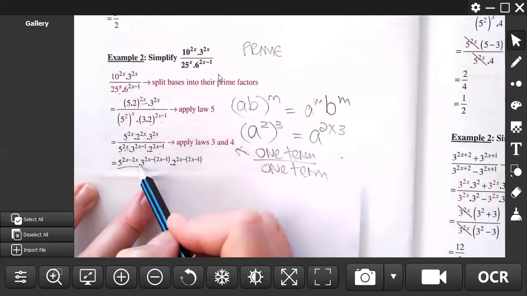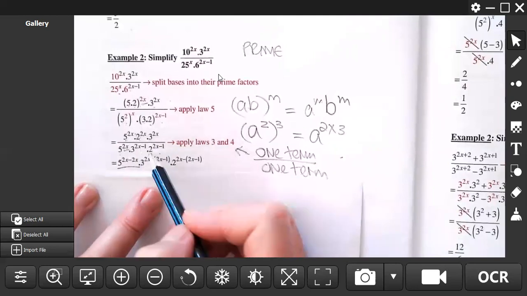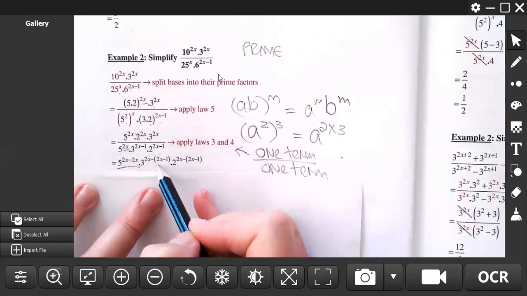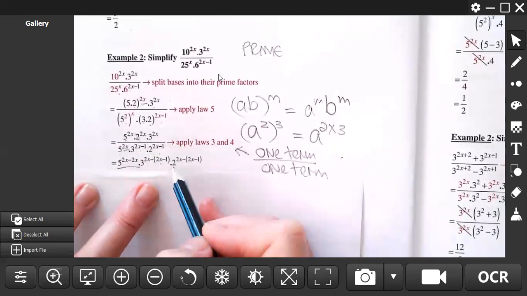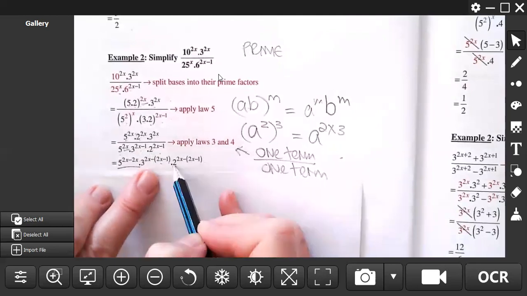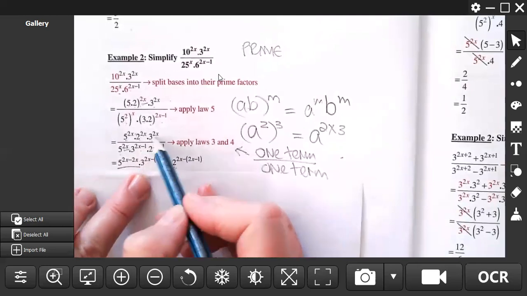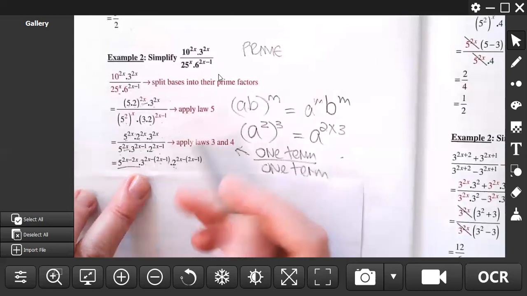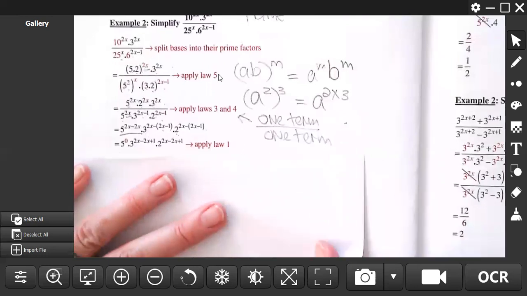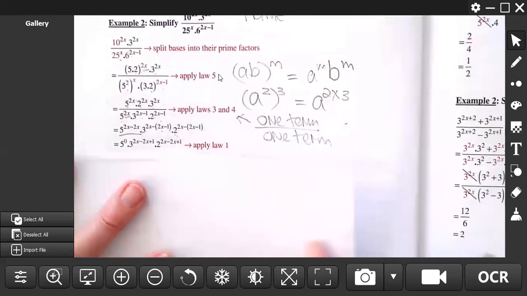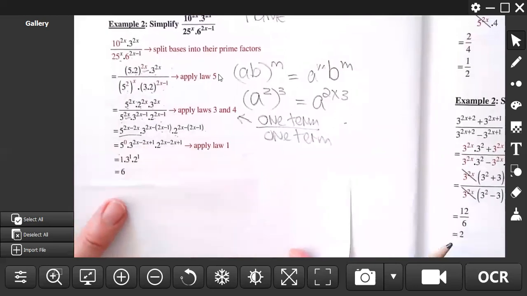For the 2, I've got 2 to the power of 2x minus bracket 2x minus 1. And then the 3, the exponent is 2x minus bracket 2x minus 1. And then you simplify by adding the exponents like that, and that is going to be your answer there, equal to 6.